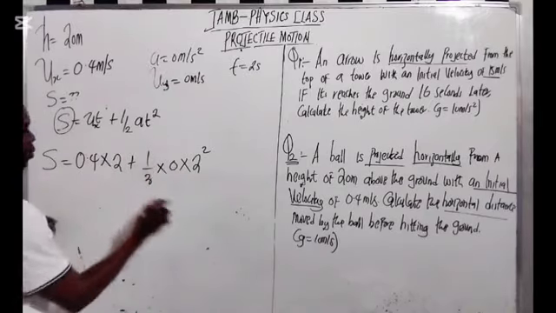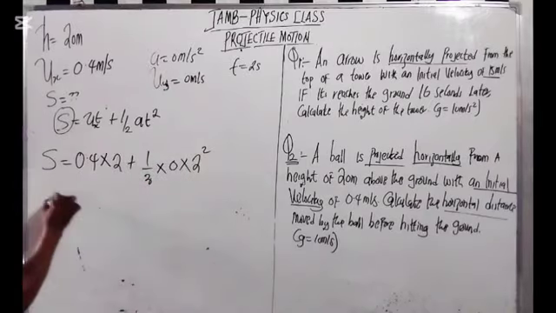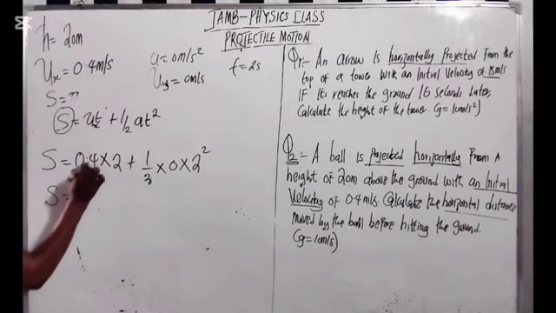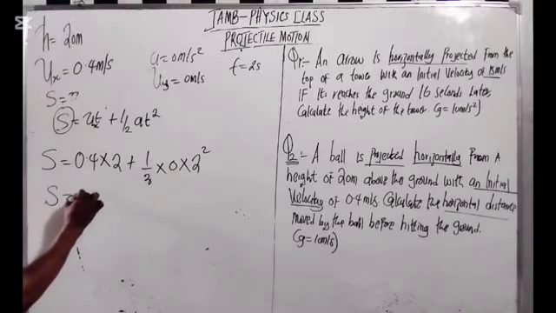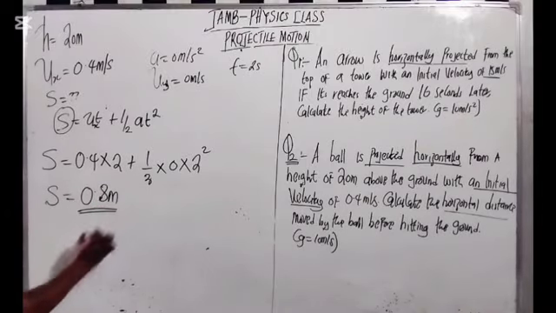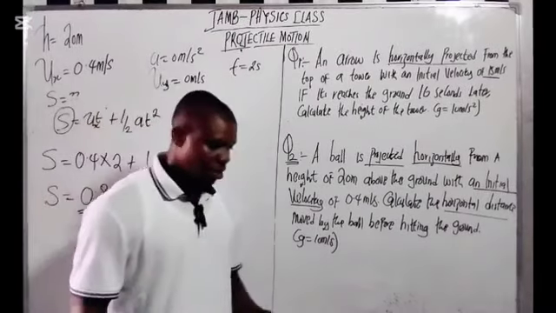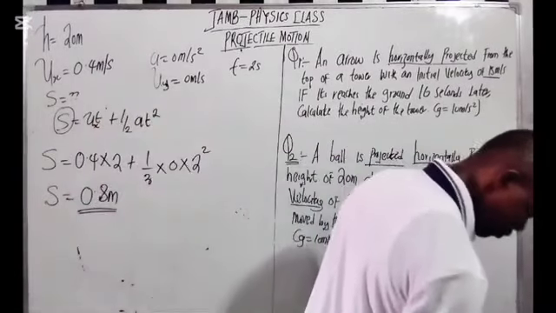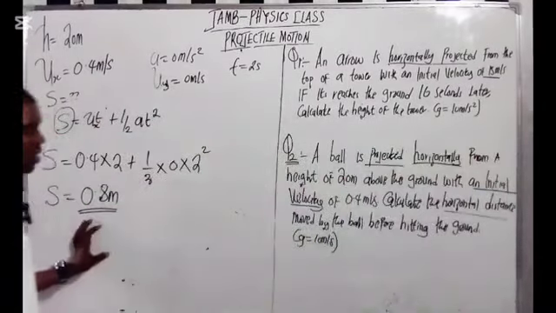Because of this 0 here, everything else will be 0. So my distance is 0.4 times 2, which is 0.8 meters. That is the answer, as easy as that.